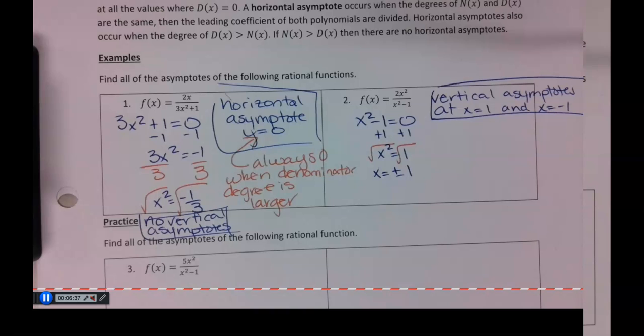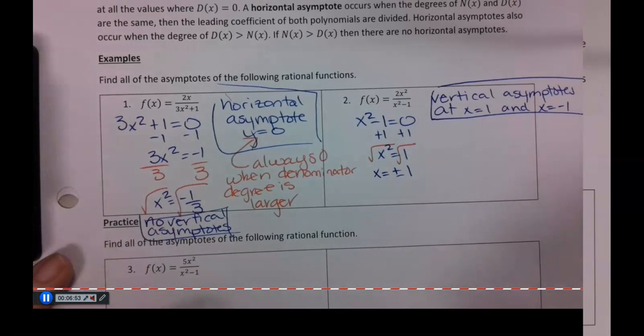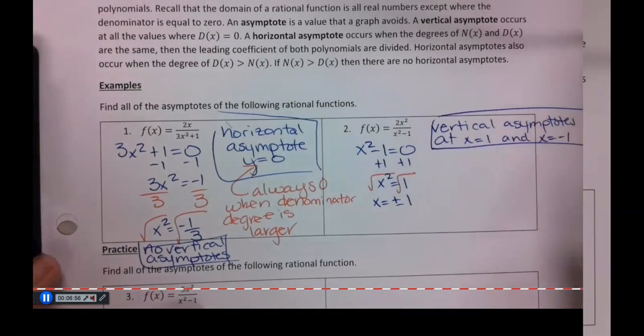Okay, then I want to look and see if my degrees are the same or different. The same. So when my degrees are the same, I just divide my coefficients.